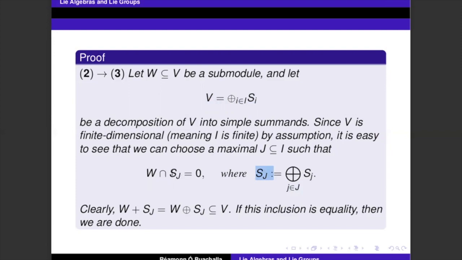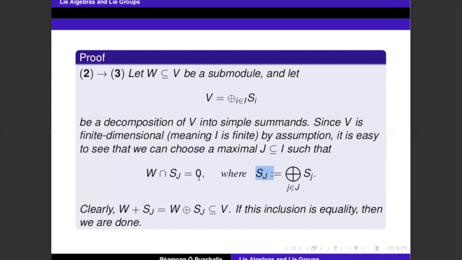Then we take the intersection, and we want the intersection of W with this new submodule to be 0. This won't uniquely define it, but there will be a maximum. It is possible to choose a maximum one. So now what do you do? Just start off with S_1 and see if the intersection with W is trivial or not. If it is trivial, you keep it.